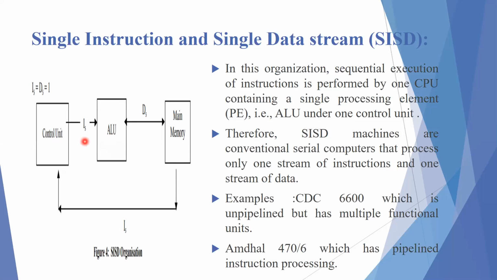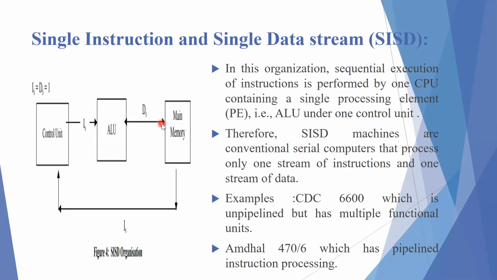So when we talk about a single instruction, single data stream architecture, this is the simplest serial computer that we use in our day-to-day lives. Obviously, as a single serial computer, it will have a single processing element and one memory. In one go, the control unit will process one instruction on a single data stream.